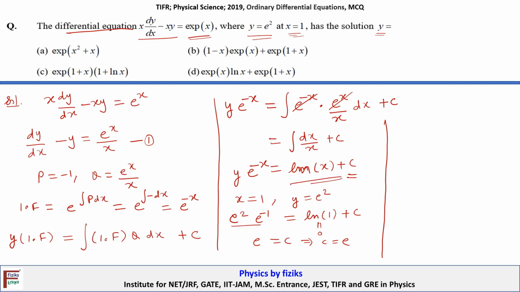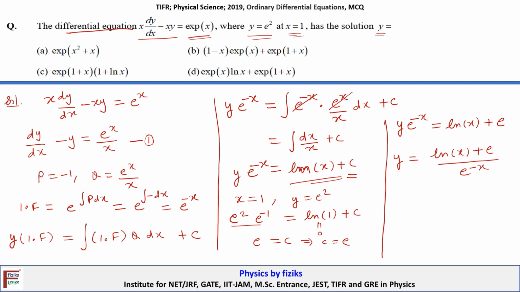Here we can write it as y into e to the power minus x is equal to ln of x plus the value of arbitrary constant, that is equal to e. Now from here we can write it as y is equal to ln of x plus e divided by e to the power minus x.